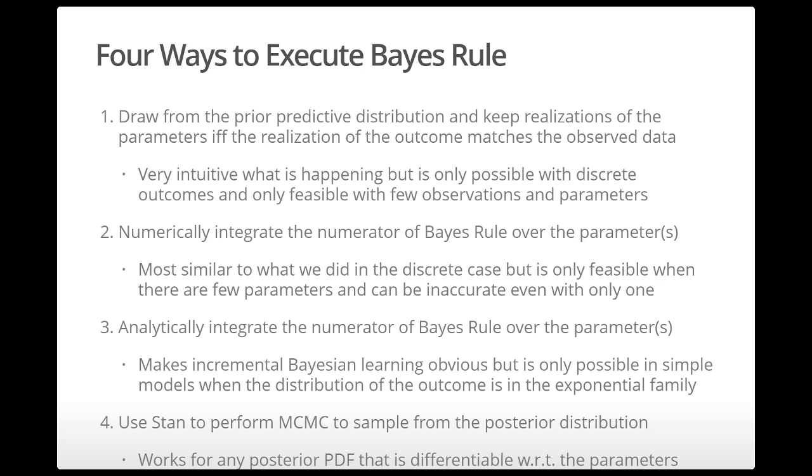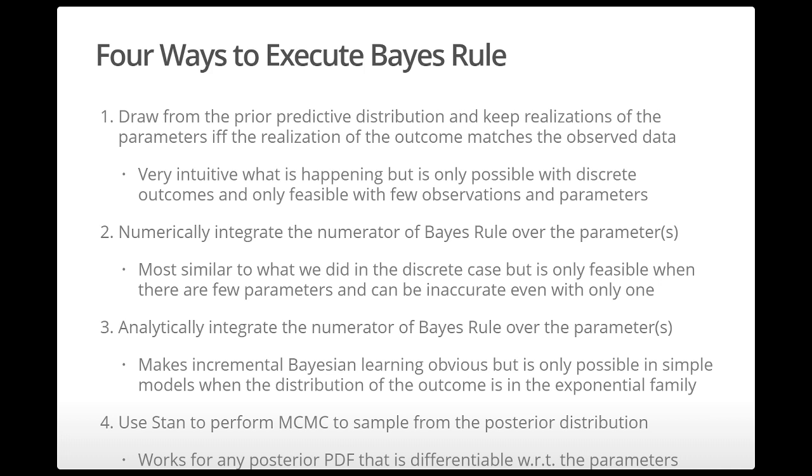That is very intuitive. It works great with small counts, but it's only going to be possible in a limited number of situations. Otherwise, the denominator of Bayes' rule is going to get so close to 0 that we almost never match. And so it's not a feasible algorithm in general.